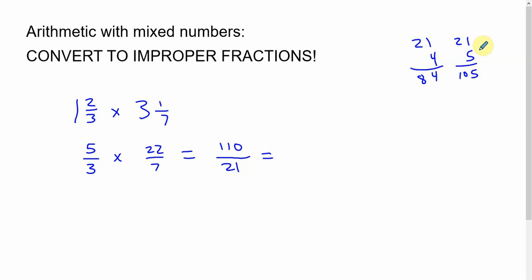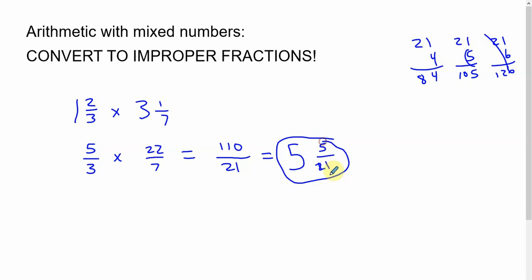That's close to 110. 21 times 6 is going to be too much. So it's 5. 21 goes into 110 5 times with a bit left over. We got to 105, so 5 left over. So 5 and 5/21 would be our answer.